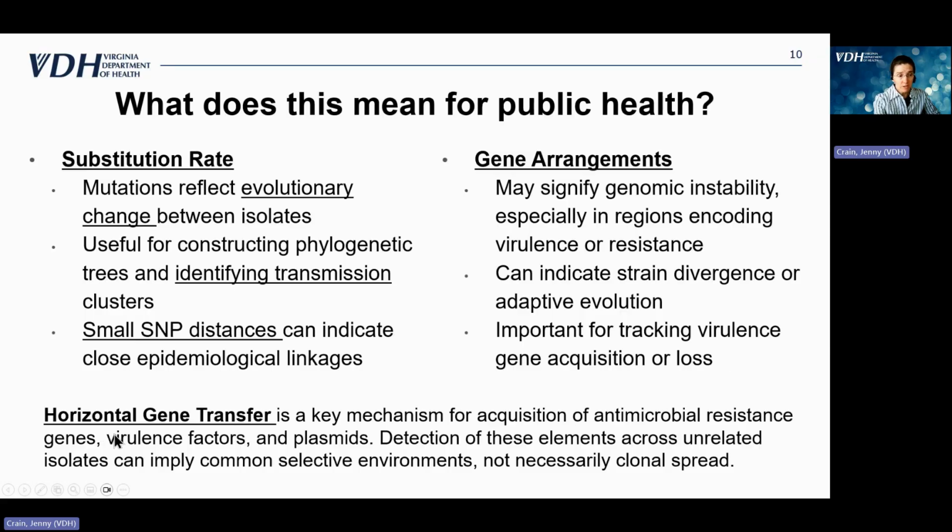And as we have said, horizontal gene transfer is a key mechanism for acquisition of AMR and virulence factors, and it's also important to remember that this can be transmitted between species on plasmids. Detection of these elements across unrelated isolates can imply common selective environments and not necessarily clonal spread. So all of these factors, when we think about genetic diversity, are important to remember when looking at the genomic results that you have available to you.